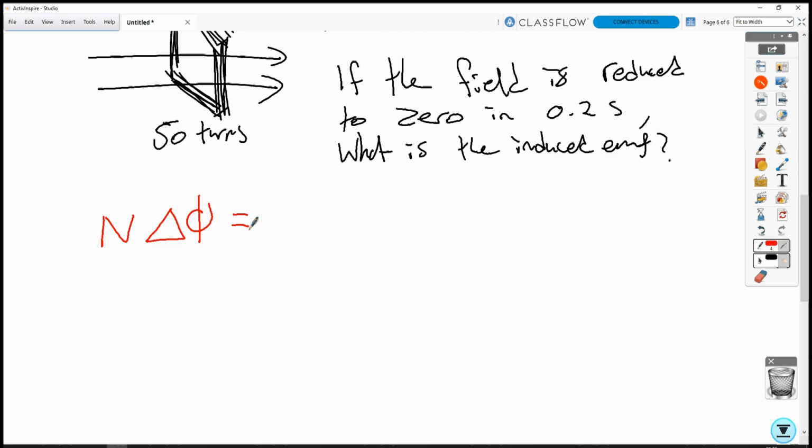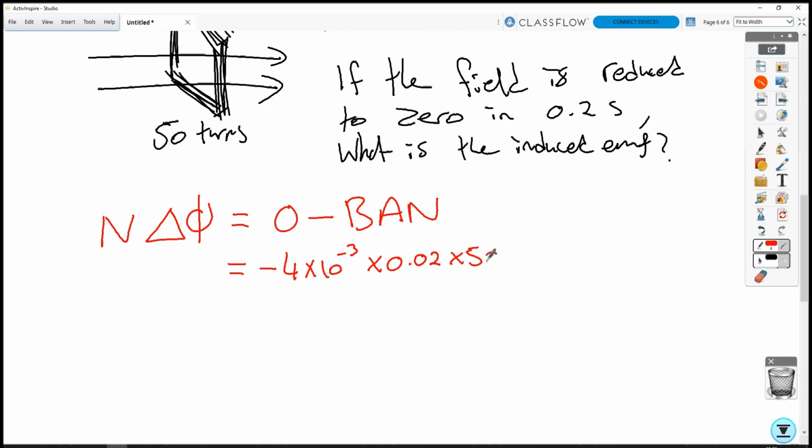So the change is 0 minus BAN, which is equal to minus 4 times 10 to the minus 3 times 0.02 times 50.